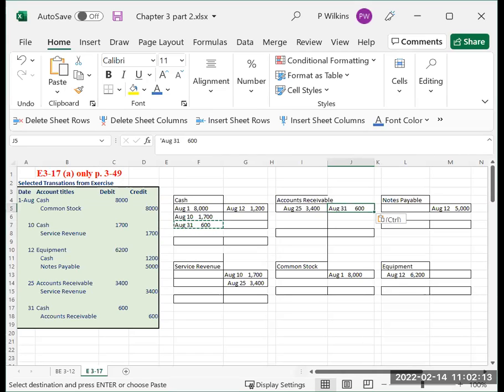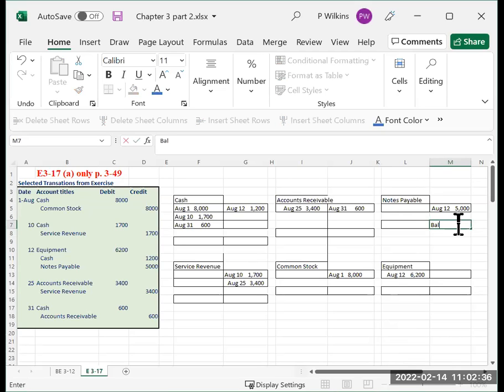$600. Okay. All right, so now we're going to balance the accounts. I always balance the accounts that have the least amount of numbers first in order to make it simpler. So we've got notes payable. It's normally a credit balance account. It does have the number on the credit side, so that is correct. We're going to put balance, and the balance is $5,000.